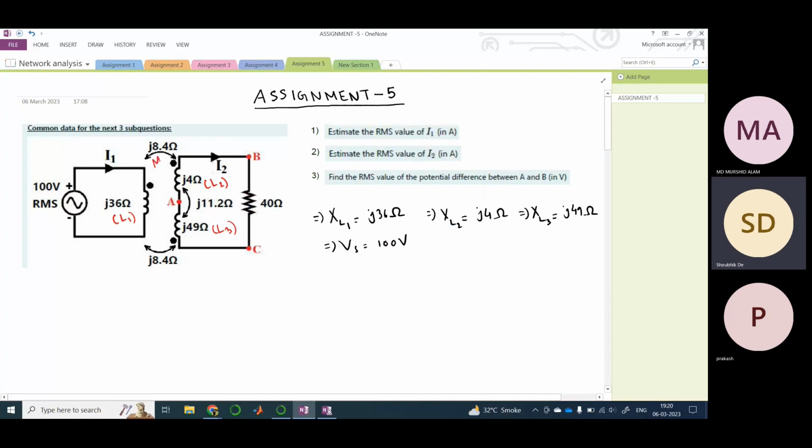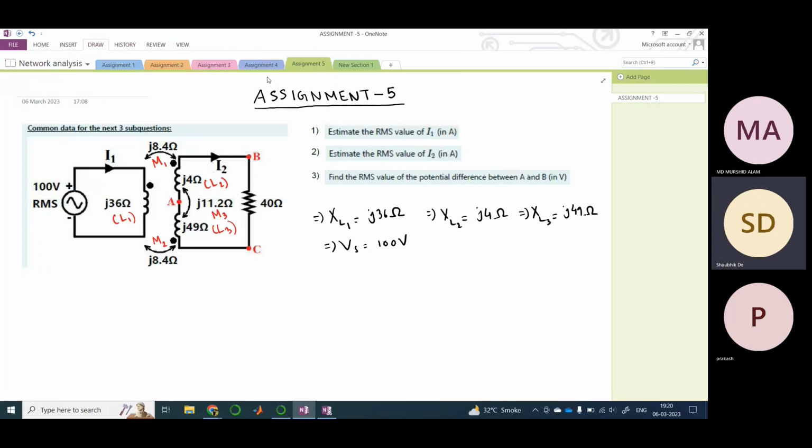Let us write it as M1. The mutual inductance between L1 and L3 is j8.4. Let us write it as M2. And the mutual inductance between L2 and L3 is j11.2. Let us write it as M3.